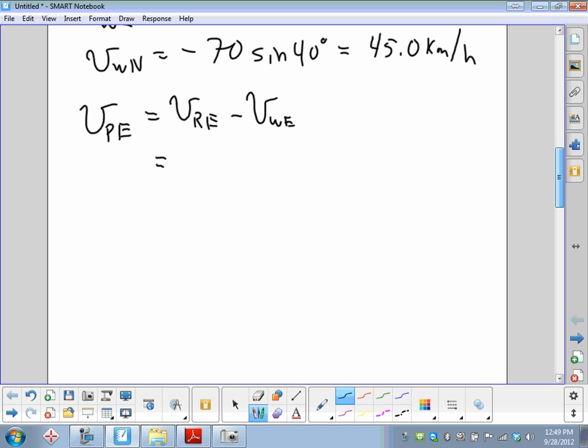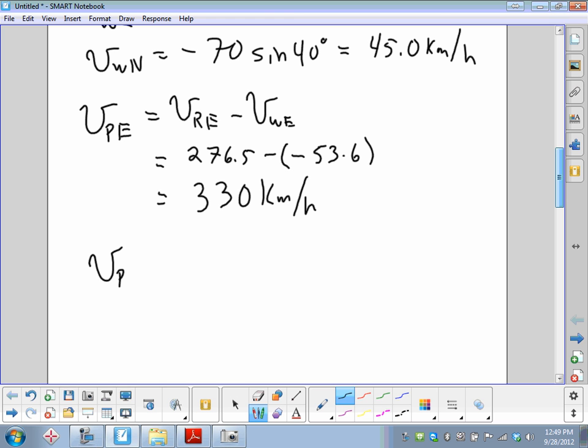So that's going to be 276.5 subtract negative 53.6. The formula says subtract, but the component comes out to be negative, so we take that into consideration. It becomes a positive. We end up with 330 kilometers an hour. So the eastward component of our plane has to be 330 kilometers an hour.